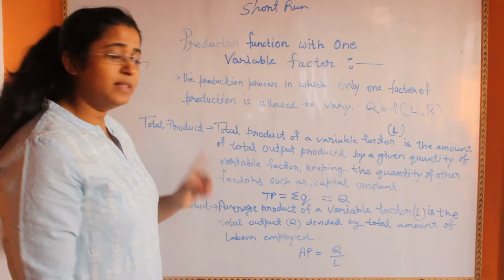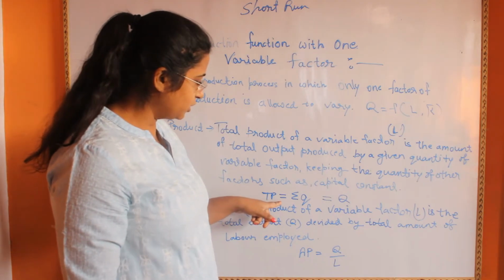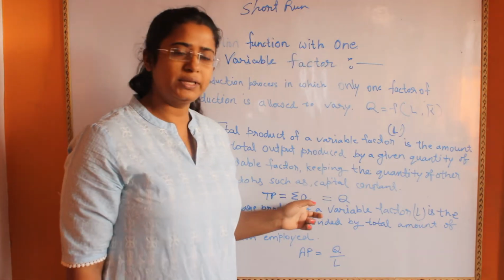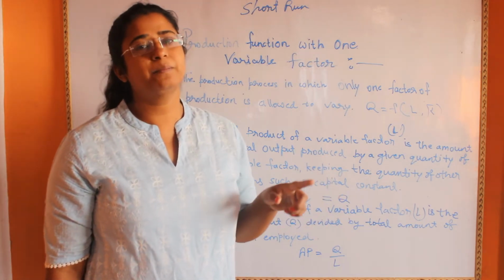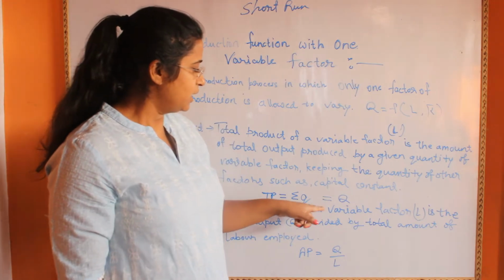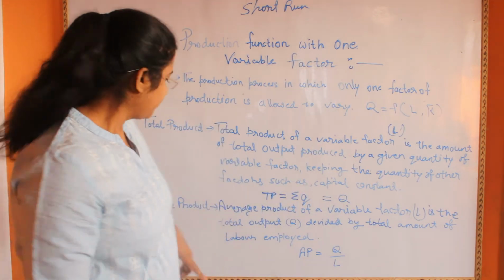Okay, then you can write it as total product is equal to the summation of all the output produced per unit of labor, and you can also write this as capital Q.